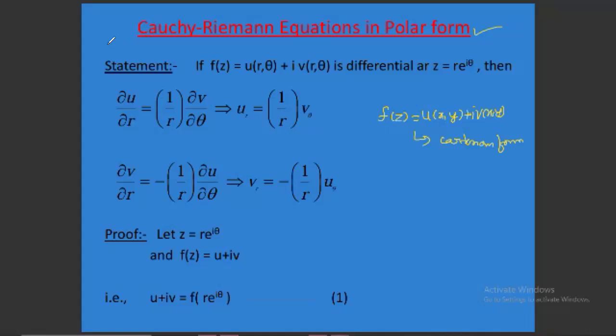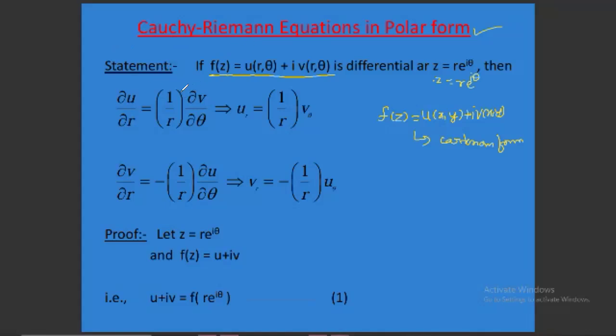The statement: f of z is equal to u of r comma theta plus i into v of r comma theta is differentiable, where z is equal to r into e power i theta.